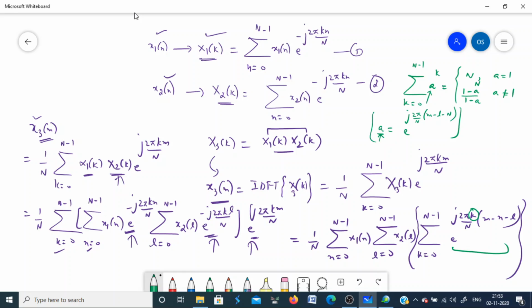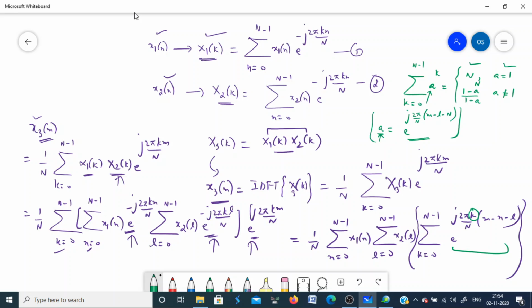Now when a is 1, this entire sum will converge to n. If a is not equal to 1, it will be 1 minus a raised to power n upon 1 minus a.